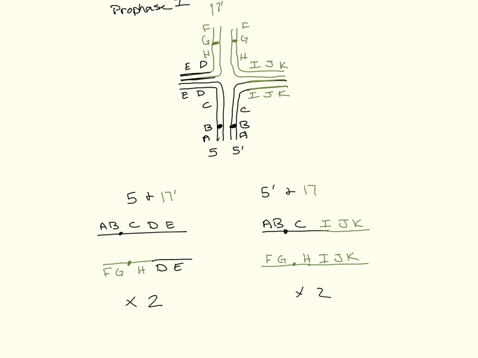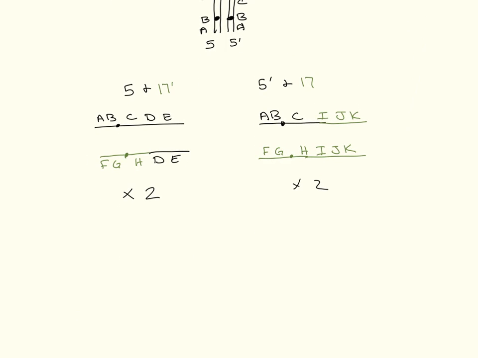And on the other side, you're going to have a normal copy of chromosome 17, but the translocated copy of chromosome 5, and this will result in a duplication of the IJK region and a deletion of the DE region. So again, in all four of these, we have large duplications and deletions, resulting in all non-viable gametes.